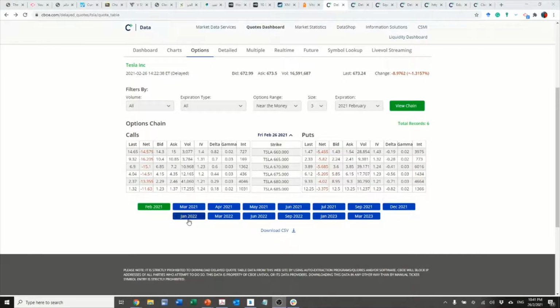And then January 2021, and March 2022, and June, and so on. Now you will see here that they did not follow exactly what we saw in the cycle of options.